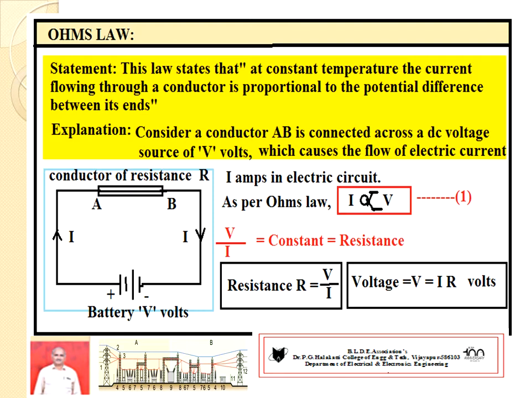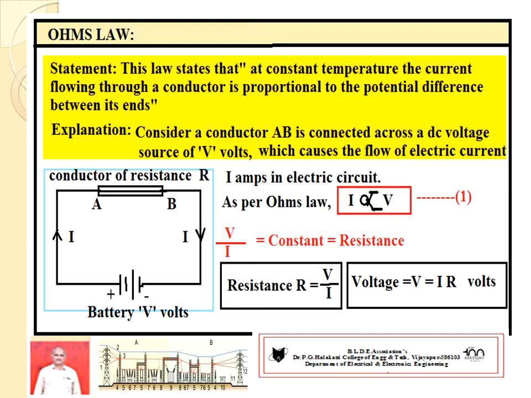In the opposite way, the conventional current I ampere will flow from higher potential to lower potential as shown in the circuit diagram, that means positive terminal to negative terminal through the load circuit. Hence V is the applied voltage, I is the resultant current. The battery is a DC source of V volts, hence there is development of DC current of I ampere.